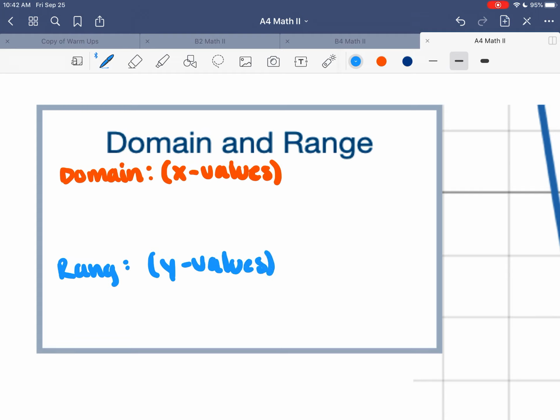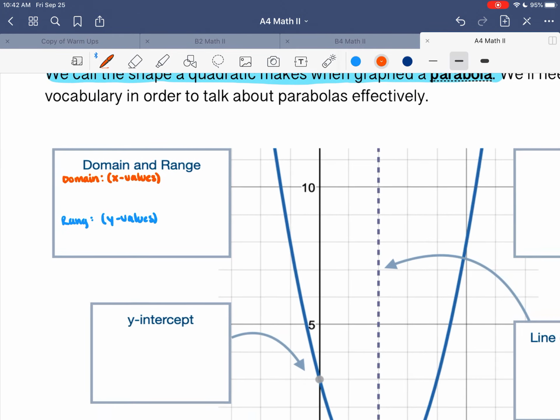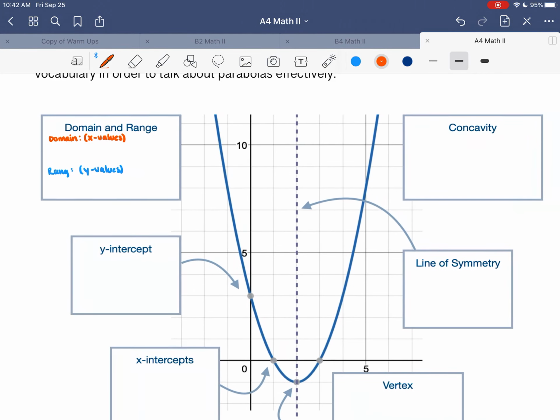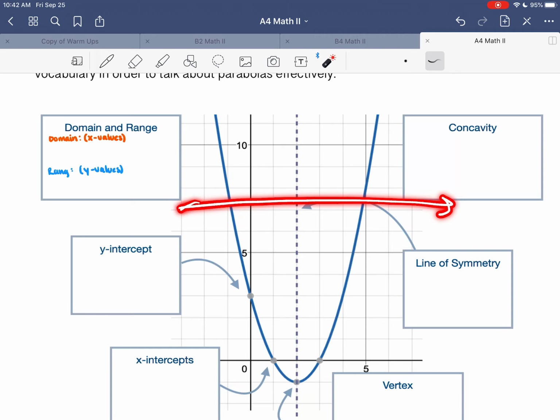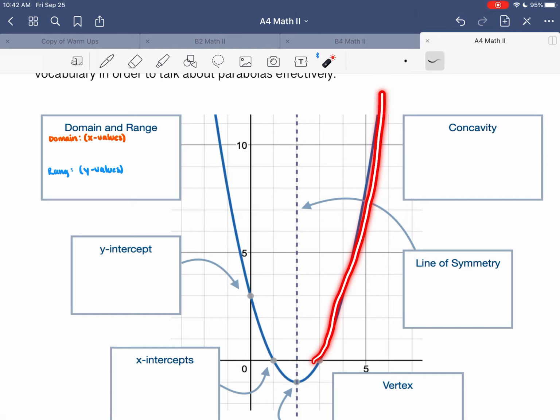of the graph. So for a linear function, the domain and the range are often both negative infinity to positive infinity, because the x values that exist in a linear function are usually from negative infinity to positive infinity. But I want us to look at this graph here. This shape, the x values are this direction and this direction. So the x values that exist on this graph, even though this function looks like it's going to flatten out here and stop going, it actually never stops.